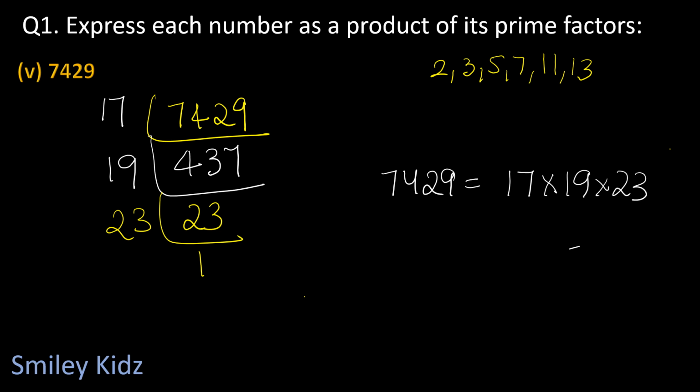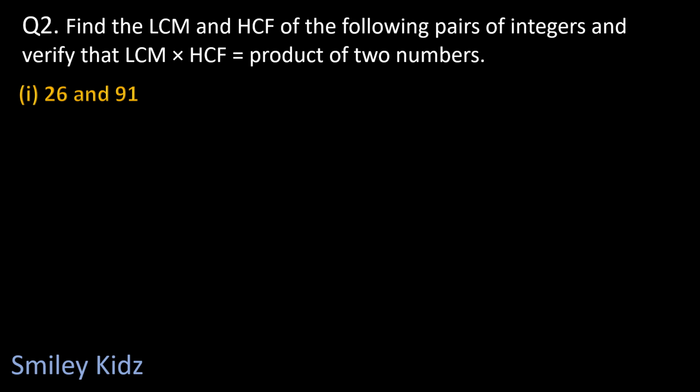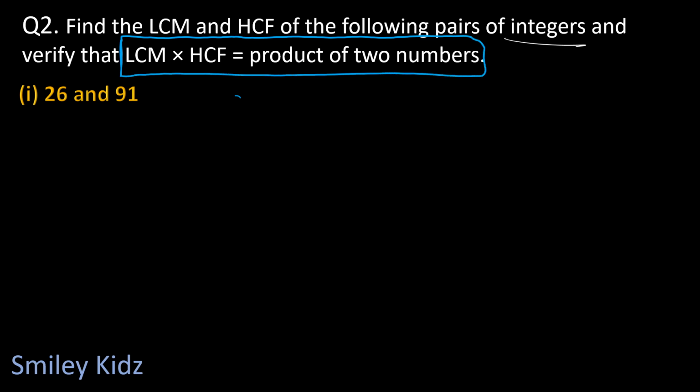Now let's move on. Question number 2. Find the LCM and HCF of the following pairs of integers and verify that LCM into HCF is equal to product of two numbers. Now what are the two numbers on my screen? They're 26 and 91.